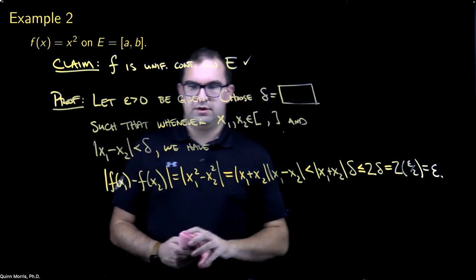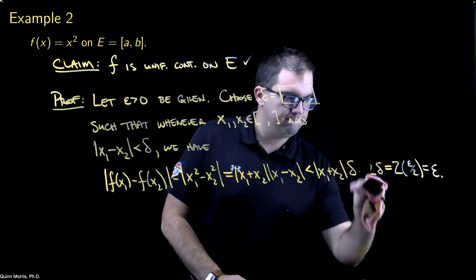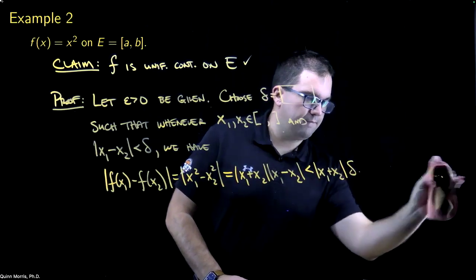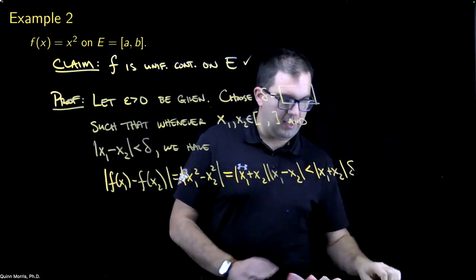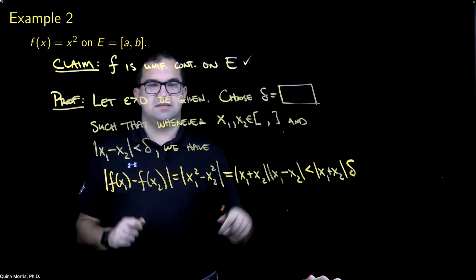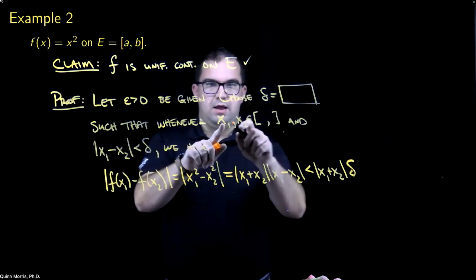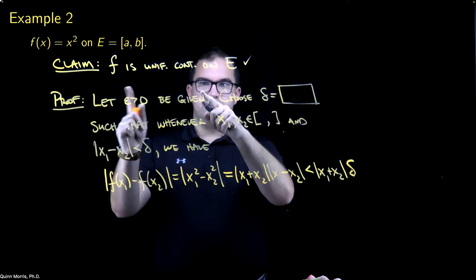Okay. I'm going to be on the interval [a, b]. I started using really particular things right here. If I'm analyzing my proof, everything is good minus these things that I've taken out. So let epsilon greater than 0 be given.